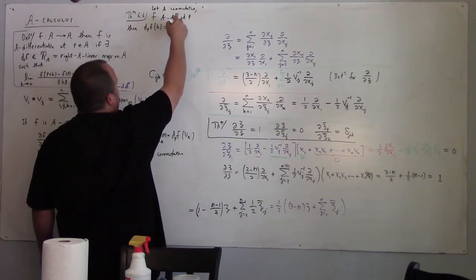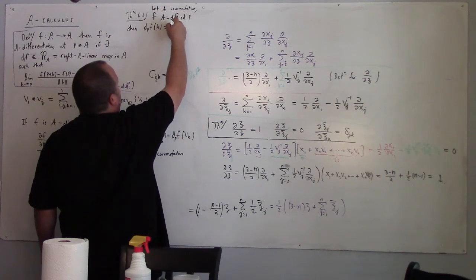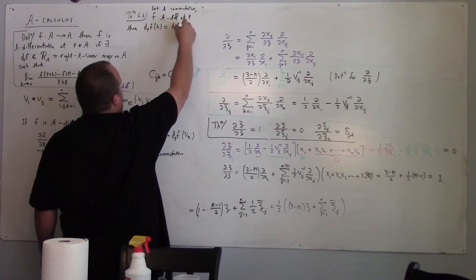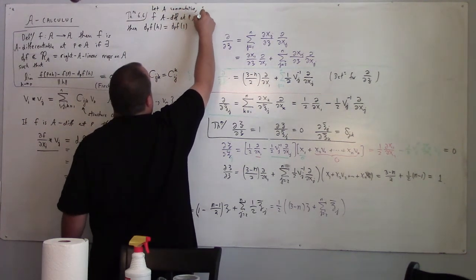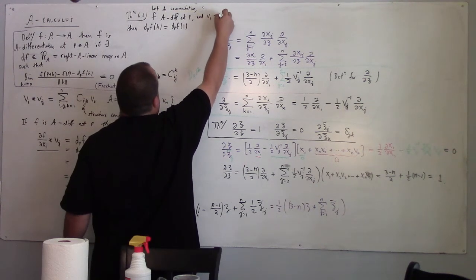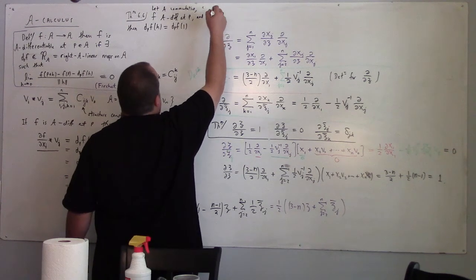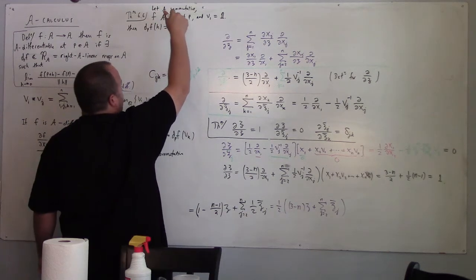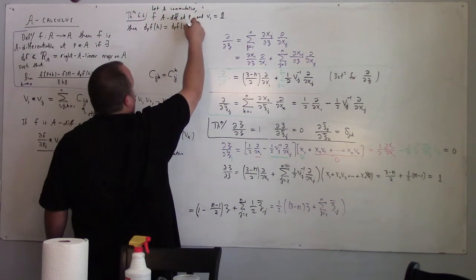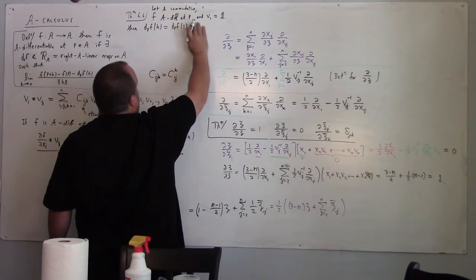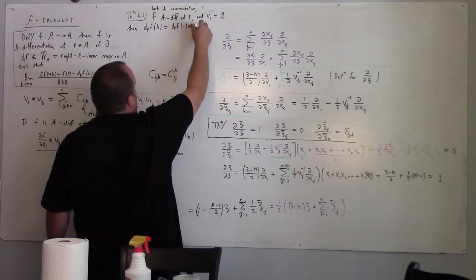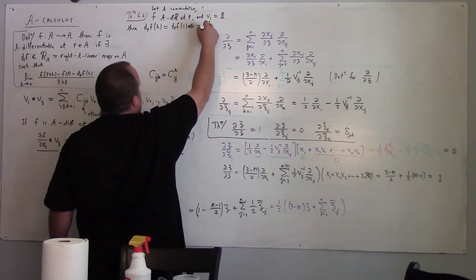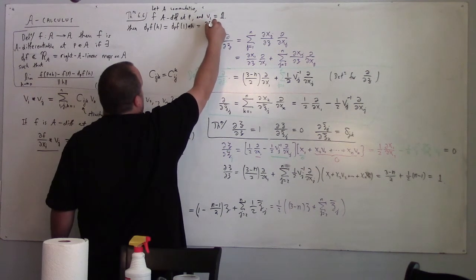Then dpf of h is really, of course, dpf of, and we're going to assume v1 is the identity, right? Then dpf of 1 is, of course, dpf of 1 times h, which is also partial f partial x1 of h.